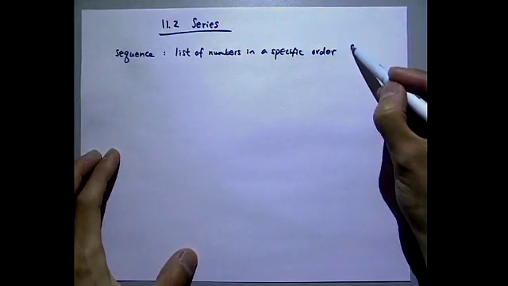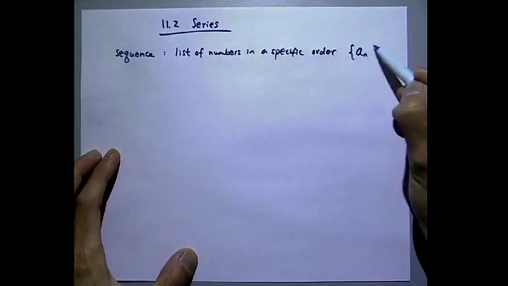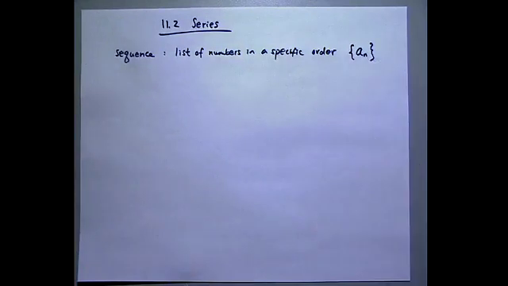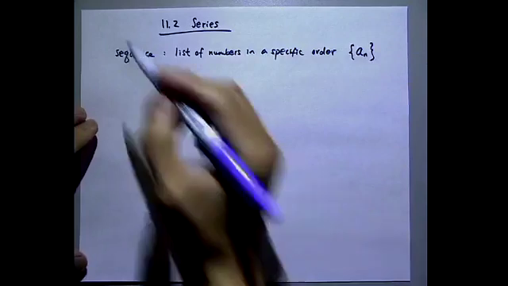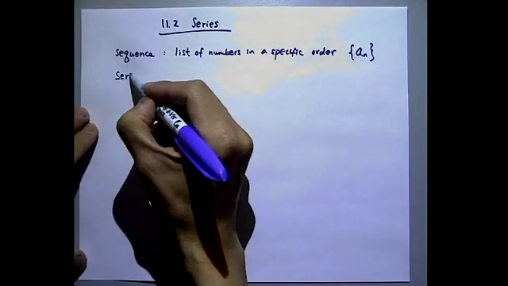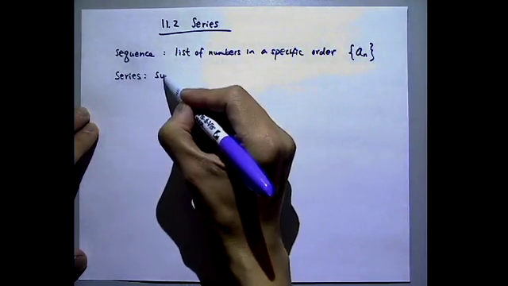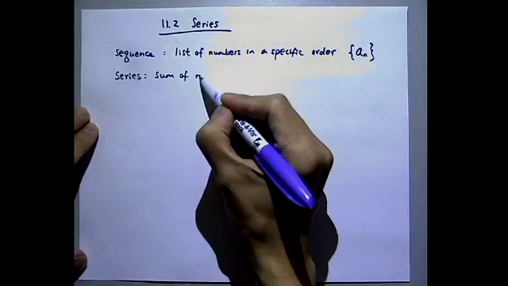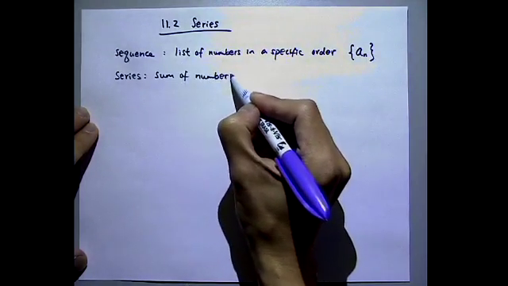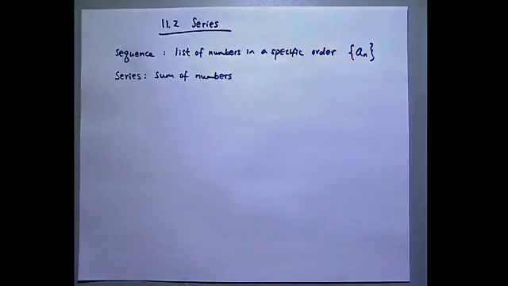Often we write it between curly brackets, the name of the sequence, and then the index, which tells you which term in the sequence that number is. A series is kind of like that, but instead of just listing the numbers, we add them together. So a series is a sum of numbers.